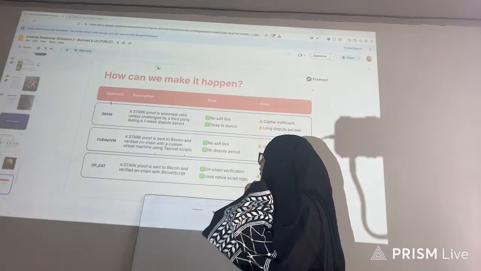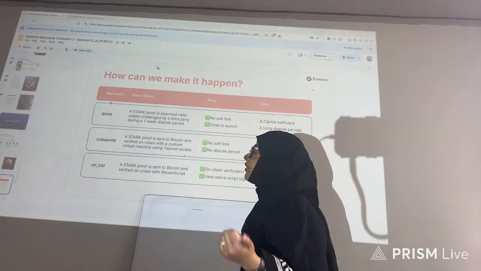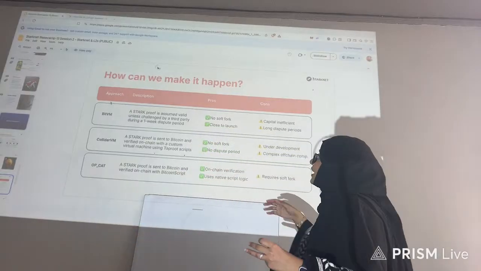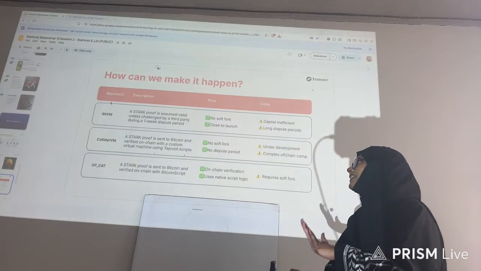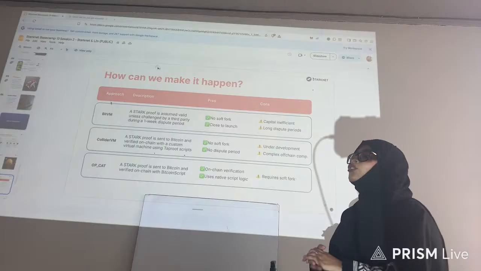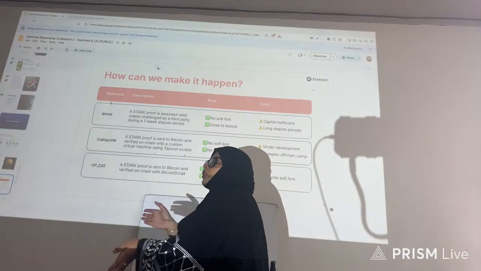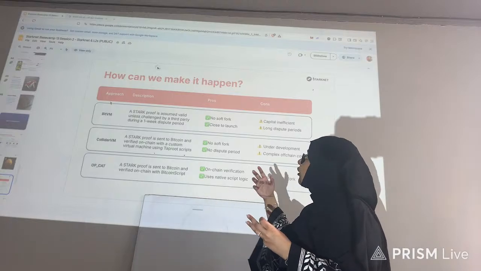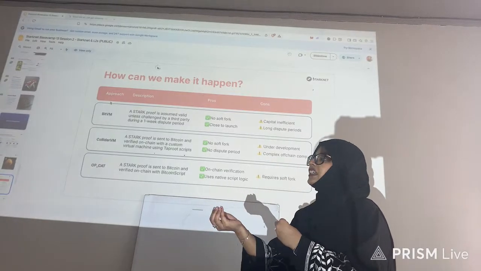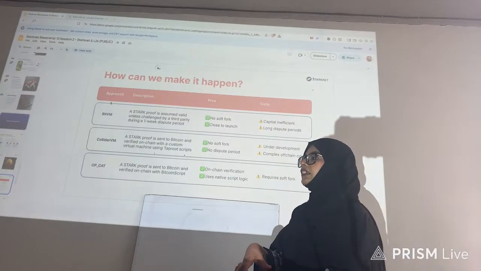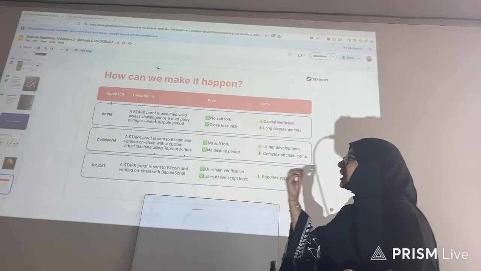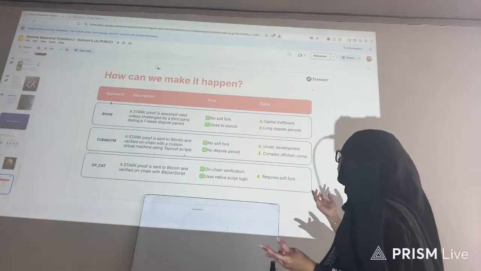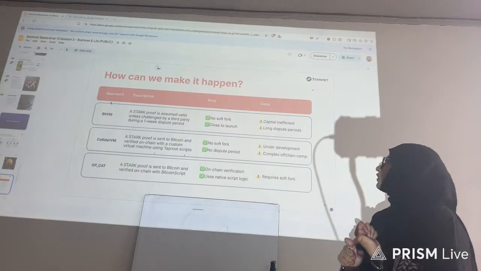so we found other ways. The first one is BitVM, where we are generating a Stark proof that is assumed valid unless it is challenged by a third party during a 1 week period. So we are going the optimistic roll-up way, where we are producing the Stark proof, but also assuming that it is valid because currently we cannot prove the validity on chain, right? Now this definitely does not require a soft fork.